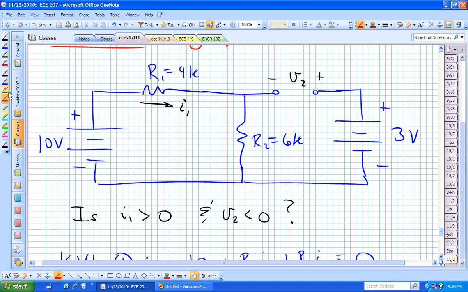This guy, if I remember right, wasn't he supposed to be like this? Isn't that how it was drawn? So now we've seen that this is 6 volts. So the cathode side is more positive than the anode side, which means it's reverse biased. It's not going to conduct. It's going to act like an open. Does that help answer your question?